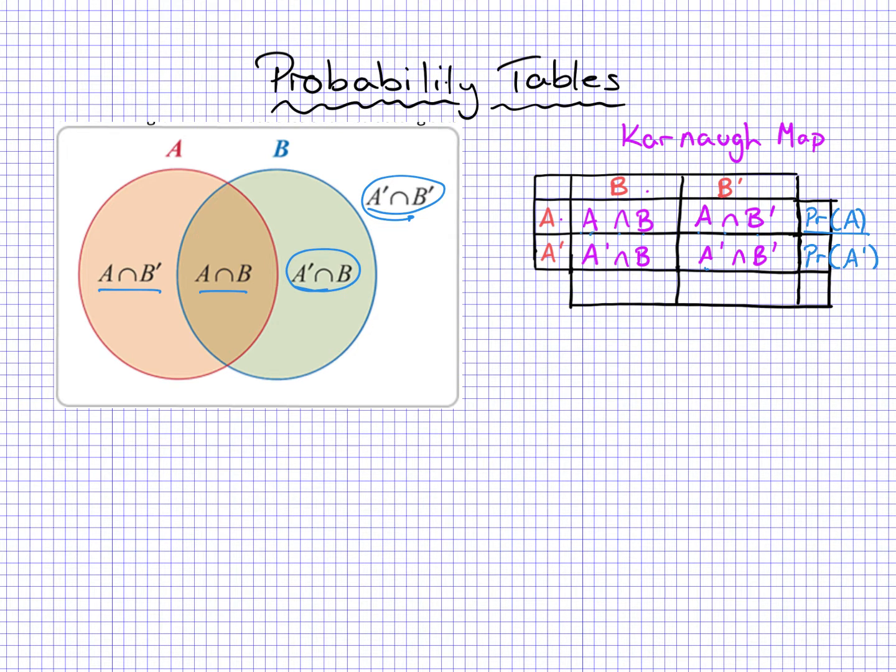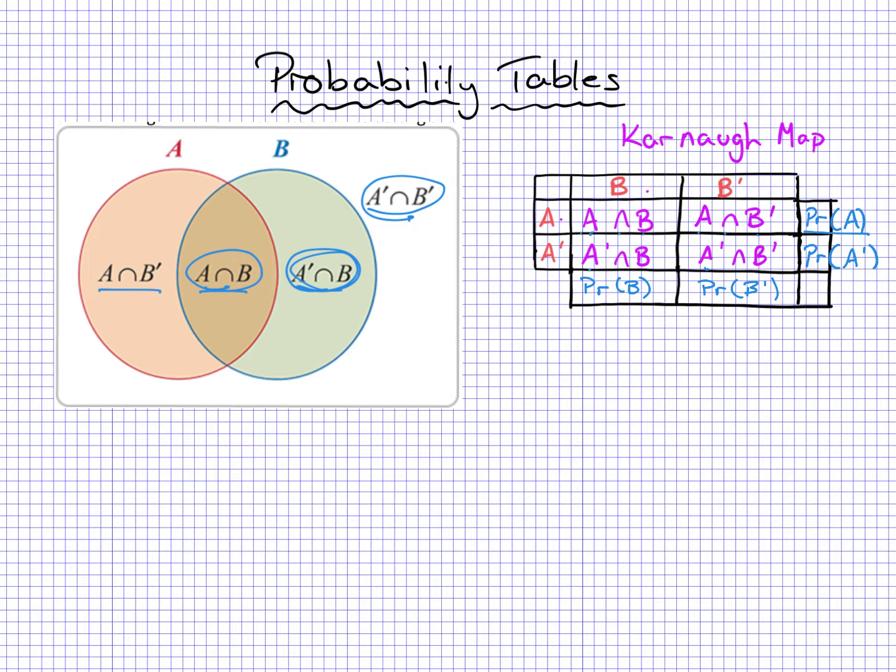If I have the middle section together with not A intersection B, I get everything in the B circle, so that's P of B. And the same thing across here, I get P of not B. Now those are the big things from this Karnaugh map, and it's what allows us to calculate some probabilities based on partial results.